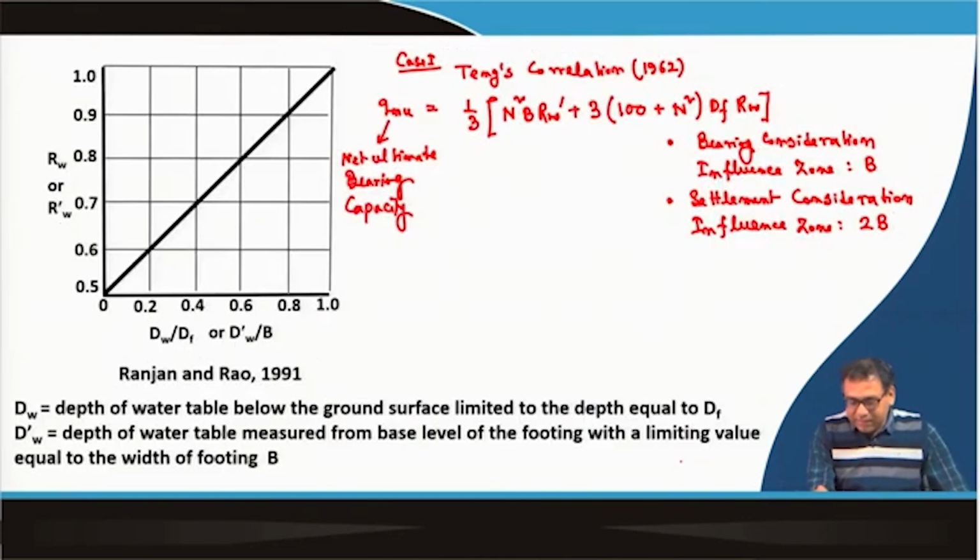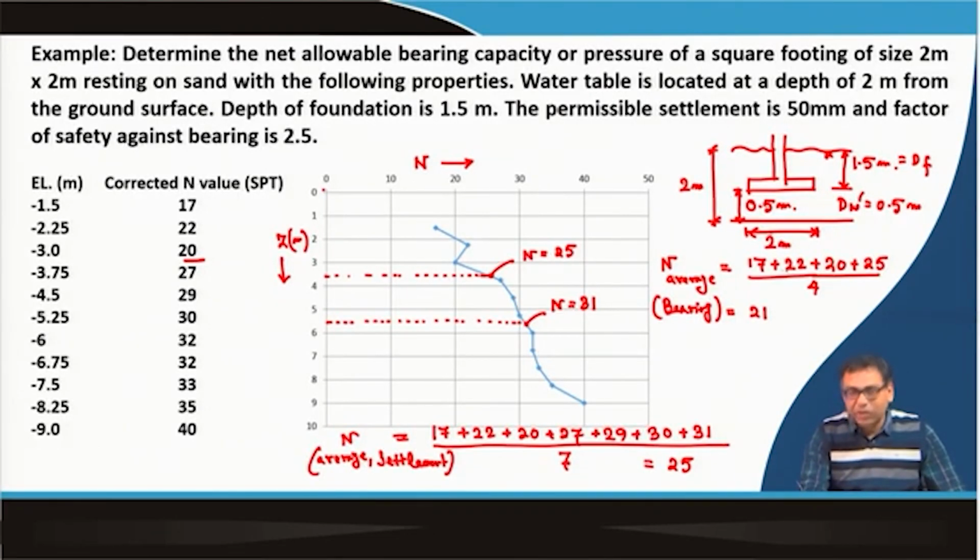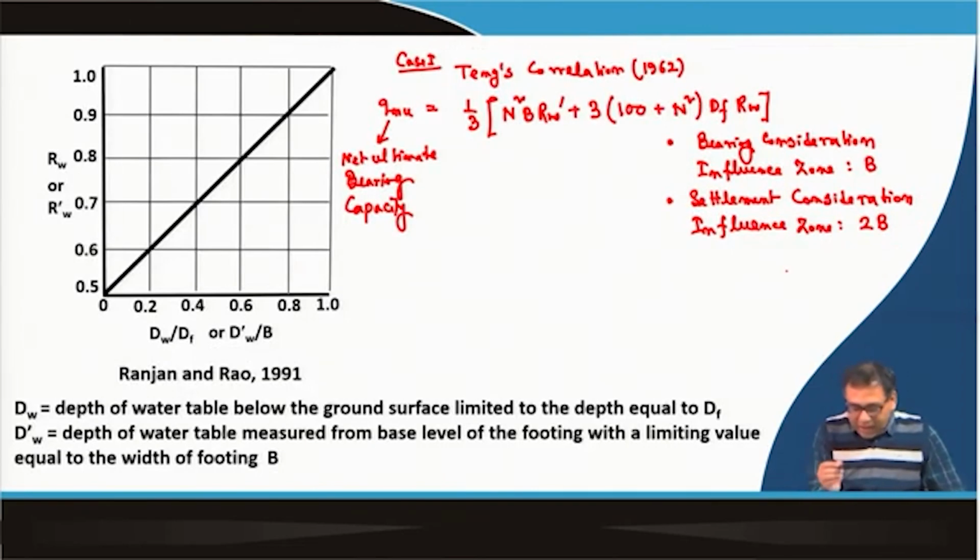So, now average N value we got. Now, we have to determine the RW dash and RW, and the water table position is below the base of foundation. So, as I mentioned, RW will be 1, because in that case dW will be equal to dF. So, that is equal to 1.